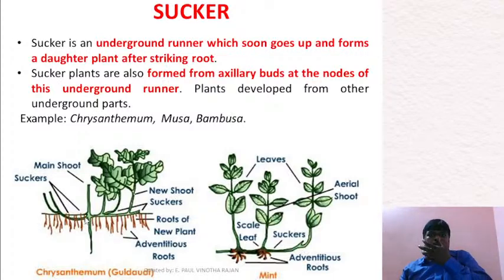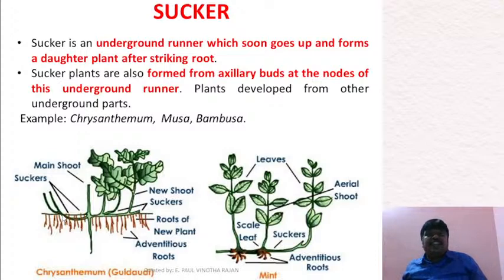And here, the underground runner, they'll form the plants underground like this. So the sucker is an underground runner.